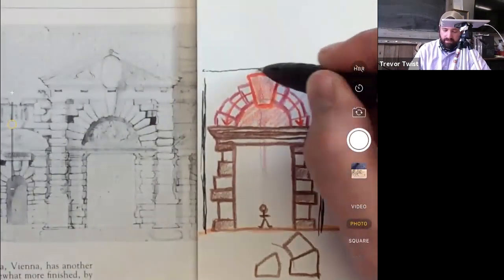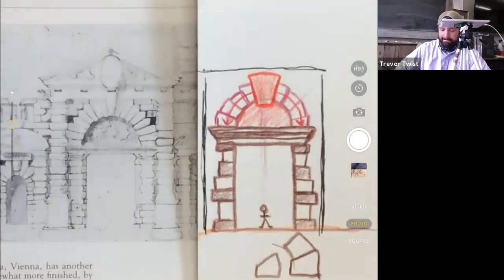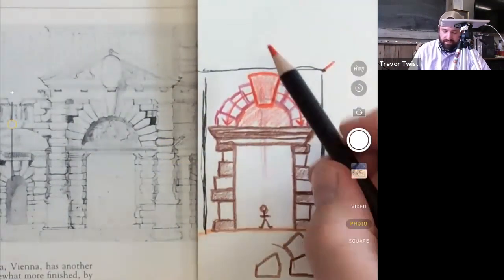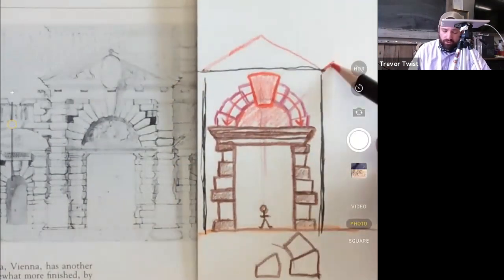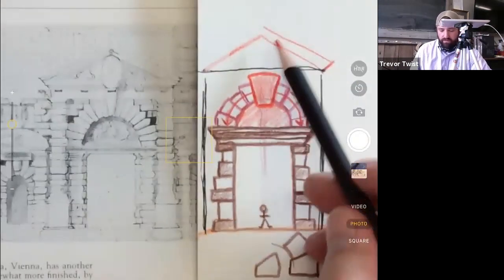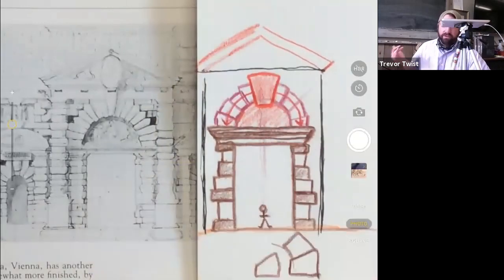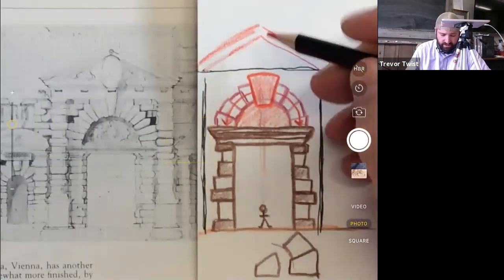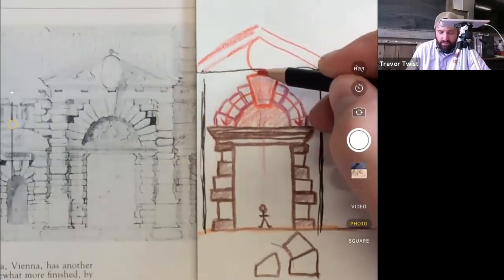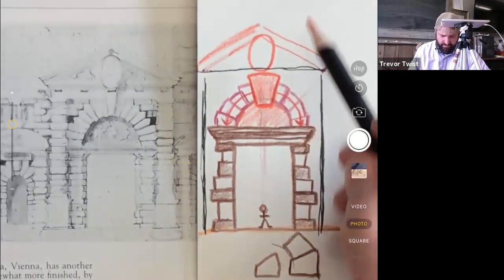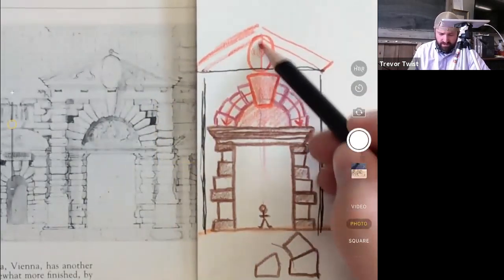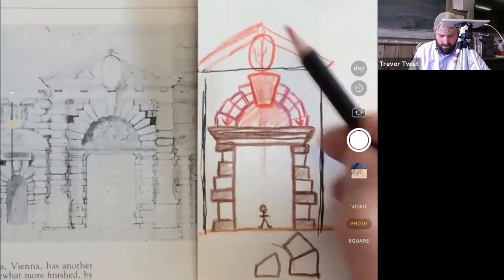This is called the capital, in architecture. And that holds this low triangular roof. And it's also a really gorgeous form. And then there's this shield, this oval form that rests right on top of the keystone, probably has some religious connotation associated with it.